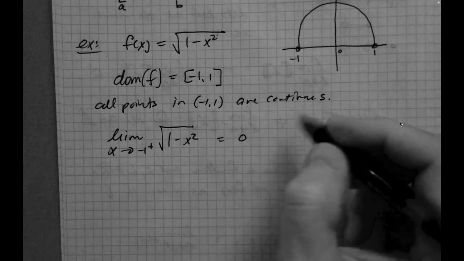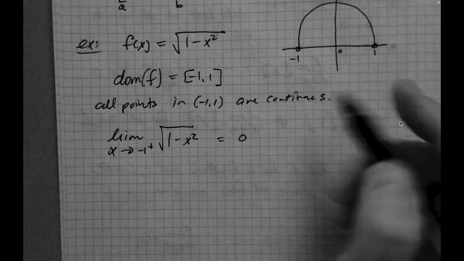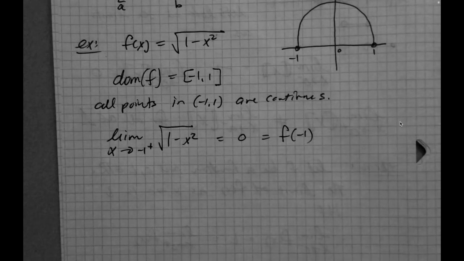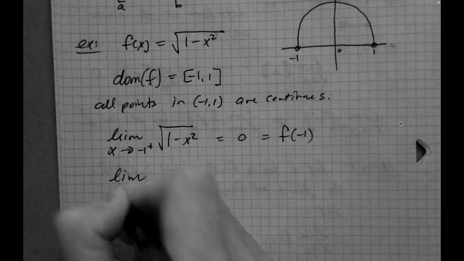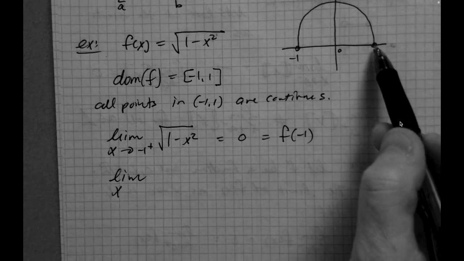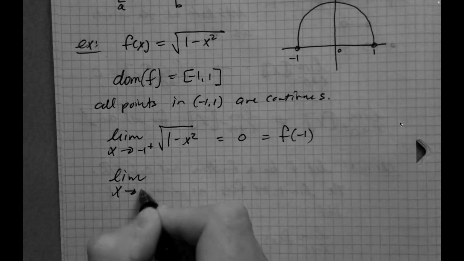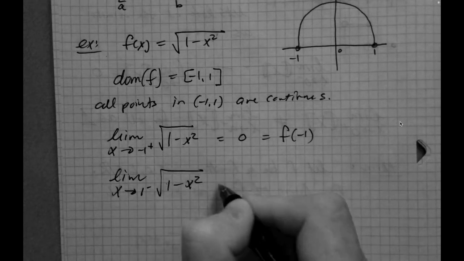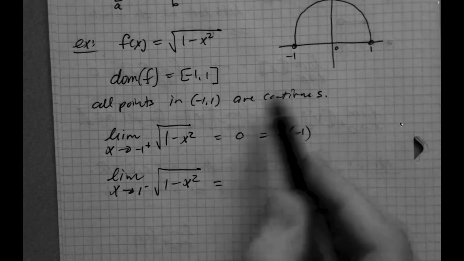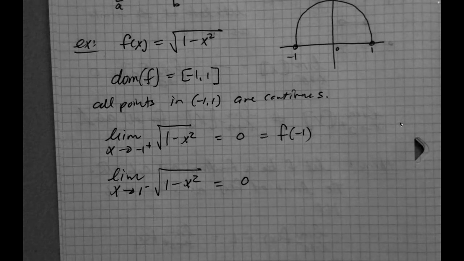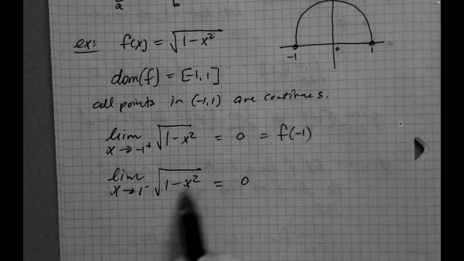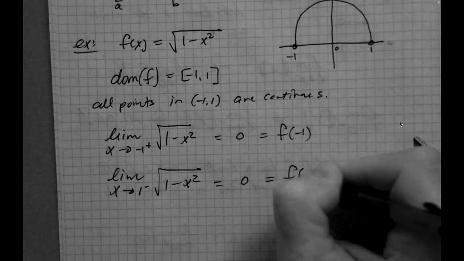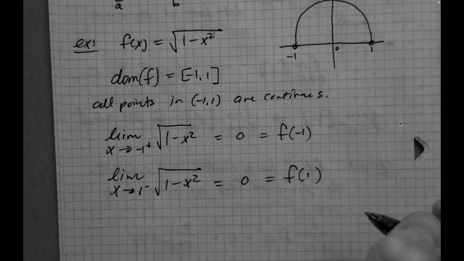That's also equal to the value of the function. And the same thing is true as we approach the other side of the domain from the left. There too we get 0: 1 minus 1 squared is 0, square root of 0 is 0. And of course, that's equal to f of 1.